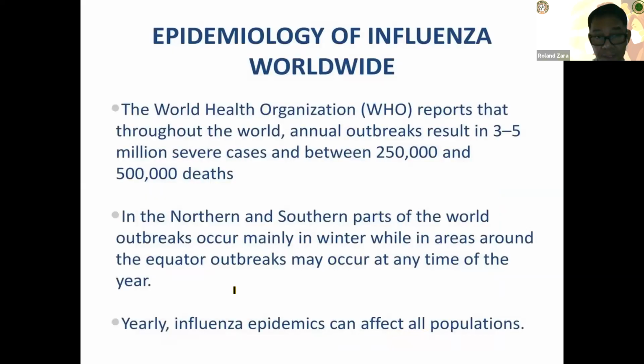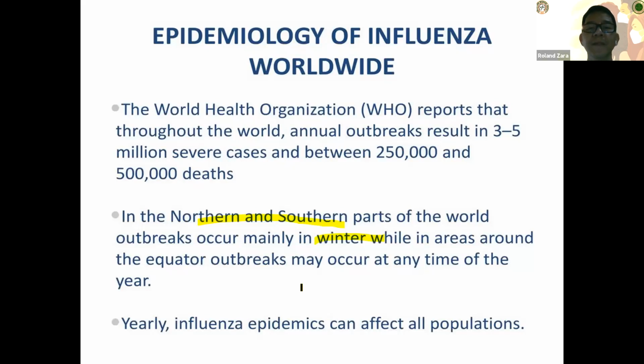So the epidemiology is, of course, in the northern and southern hemispheres of the world, influenza is usually common during the winter. But here in the Philippines, which is a tropical country, influenza is usually present throughout the year.